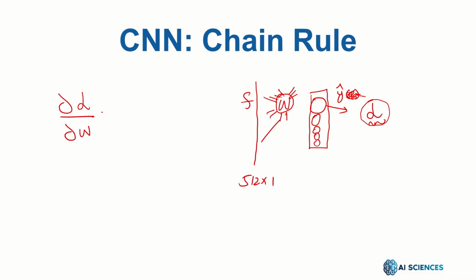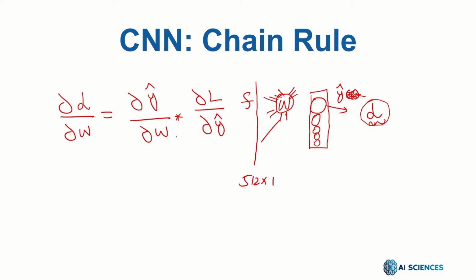That impact can be computed as the impact that changes in W create over y hat, and then the impact that those changes in y hat bring over to L.